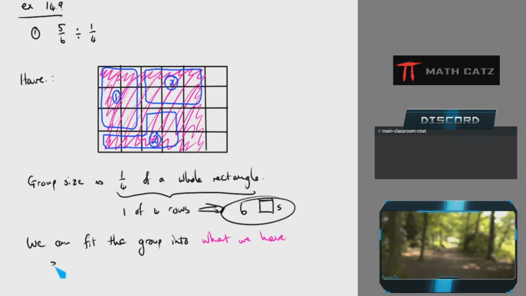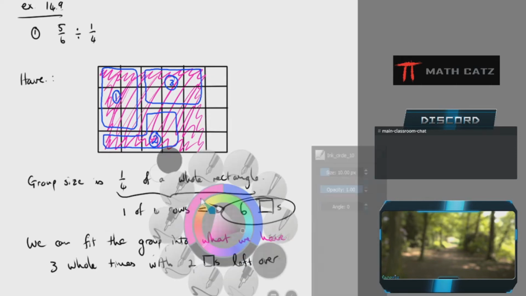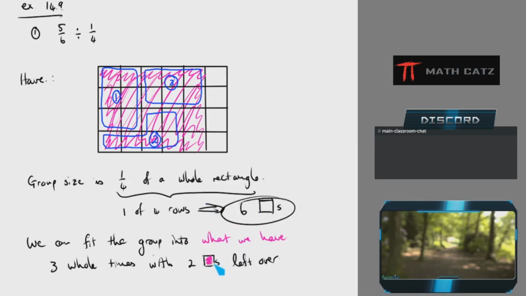We can do that 3 whole times with 2 pieces left over. Yeah, those pieces are pink, sure. Sure, we can make them pink. Okay.